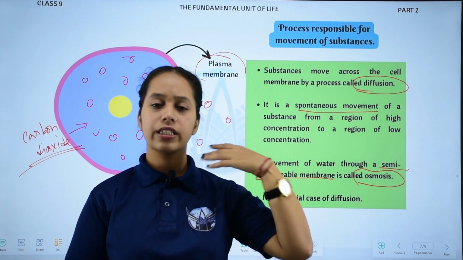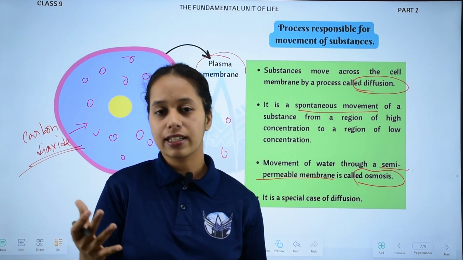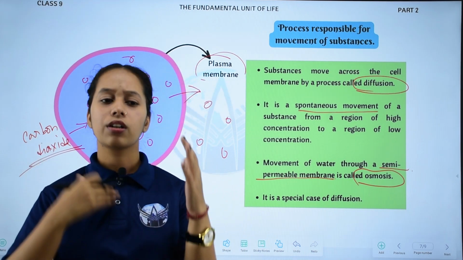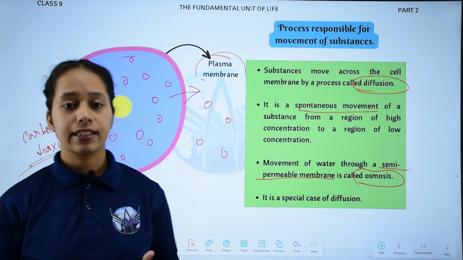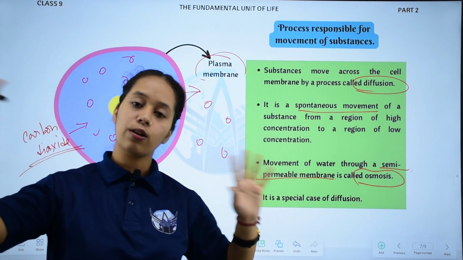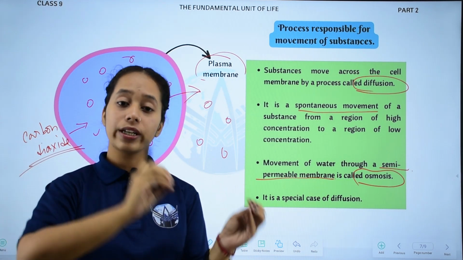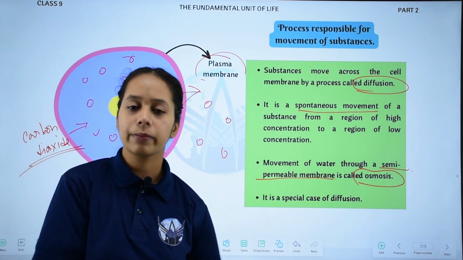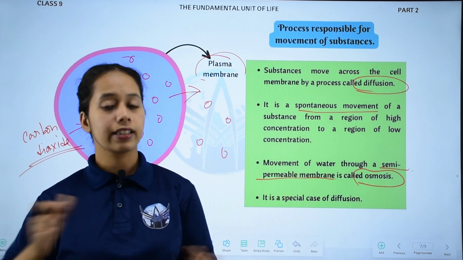Now the difference between diffusion and osmosis, we have discussed this in Matter in Our Surroundings as well. Let me do a quick recap. Diffusion is the spontaneous movement of substances from higher concentration to lower concentration; the semi-permeable membrane may be present or may not be present, it does not matter.